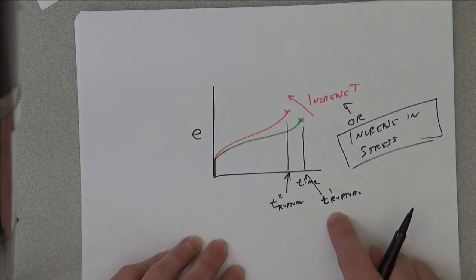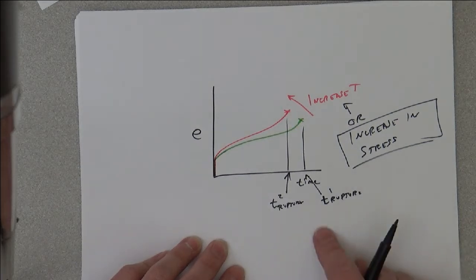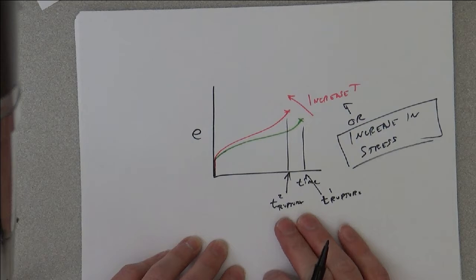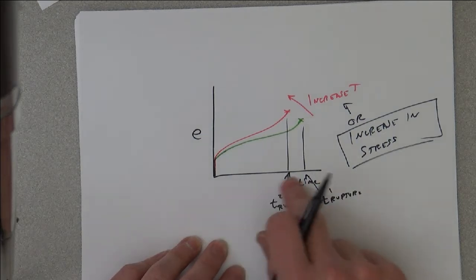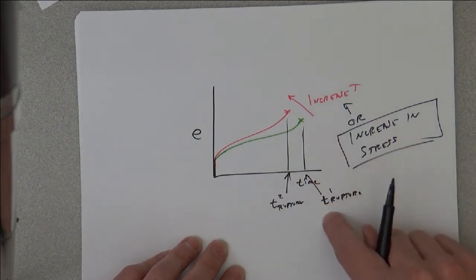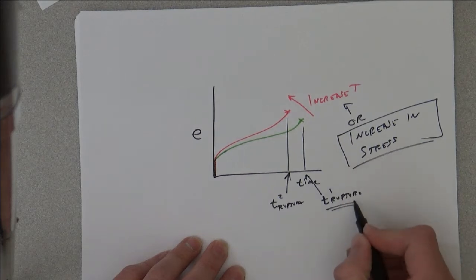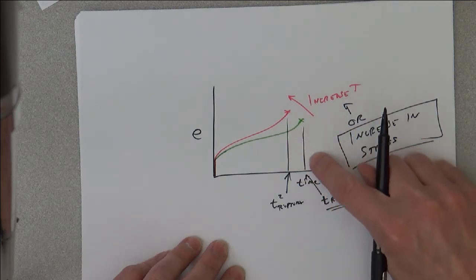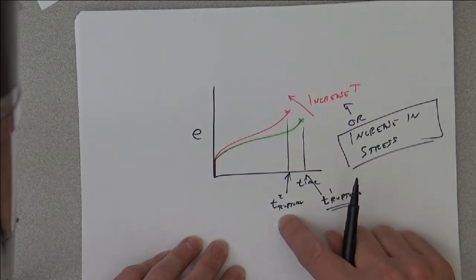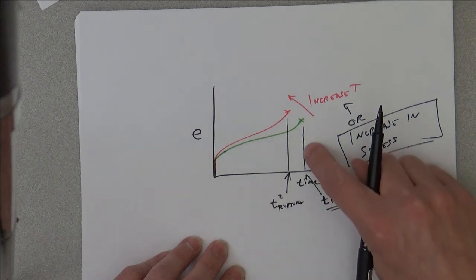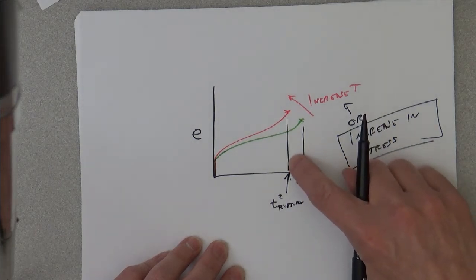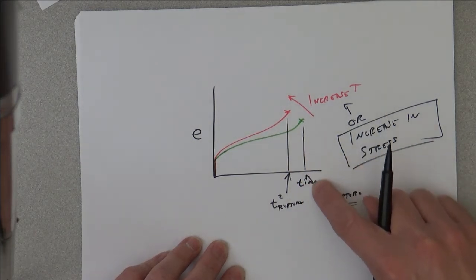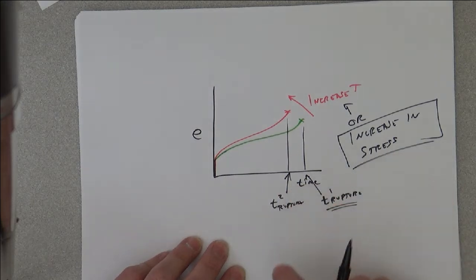So the average time to rupture, and again, this is a system that you'd want to run multiple tests on to get an average rupture time, but certainly at lower temperatures, you would have a rupture time which is longer than at higher temperatures. And at lower applied stress, you would also have a longer lifetime prior to failure.